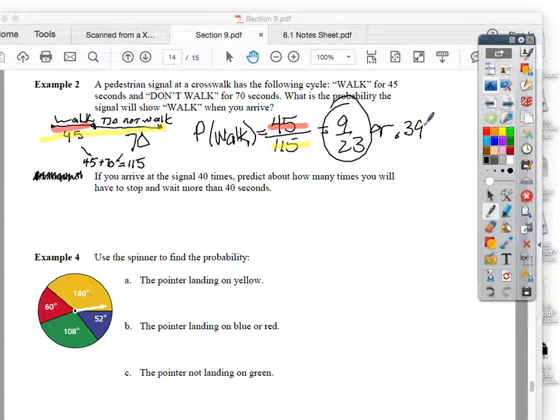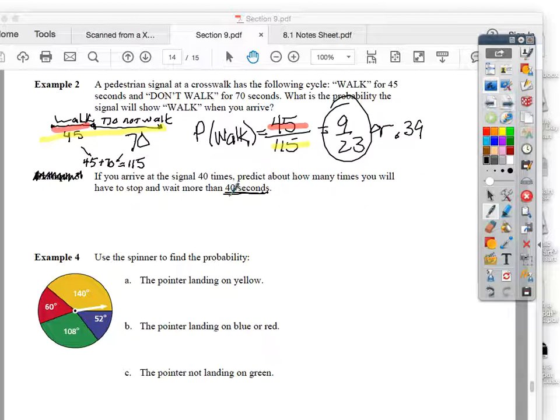Okay? All right, so in example 3, which is technically the second part, if you arrive at the signal 40 times, predict how many times you will have to stop and wait more than 40 seconds. You're waiting 40 seconds. Okay?